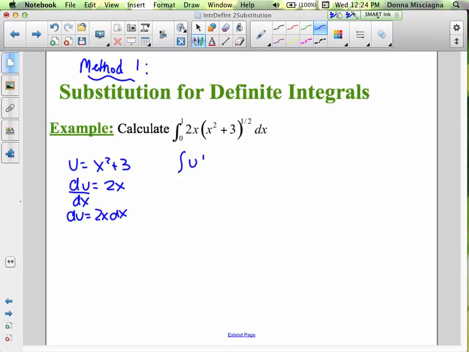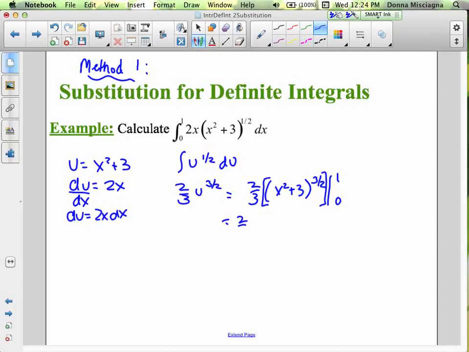So u to the 1/2 du, we integrate. It was 2/3 u to the 3/2. And now we've got to substitute back. All right, so we're going to plug in the x squared plus 3. So we have 2/3 times x squared plus 3 to the 3/2 power, evaluated from 1 to 0. I'm going to wait and distribute the 2/3 at the end.